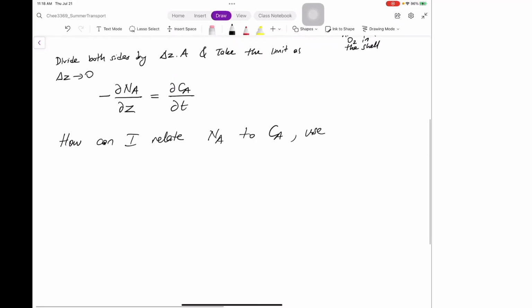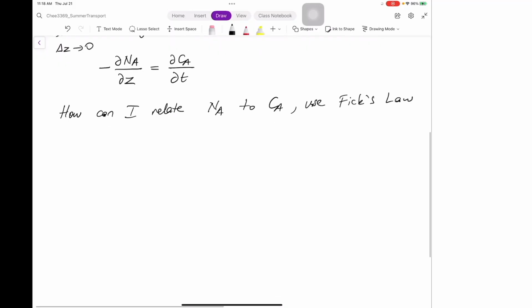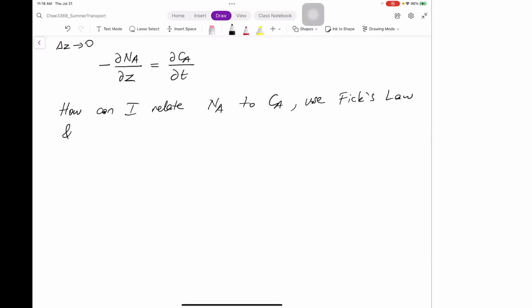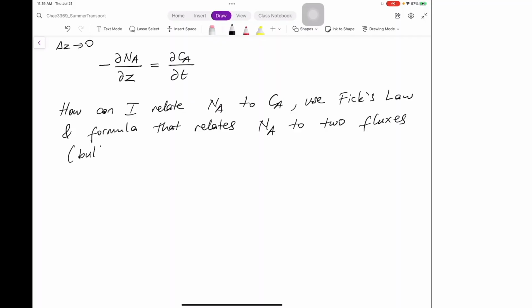Use Fick's law. Okay. And the formula that relates Na to two fluxes. One is bulk plus diffusive flux.